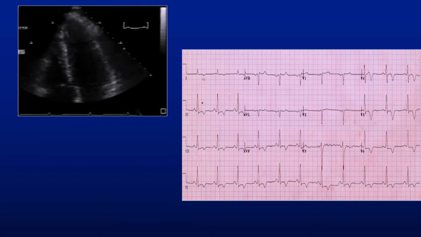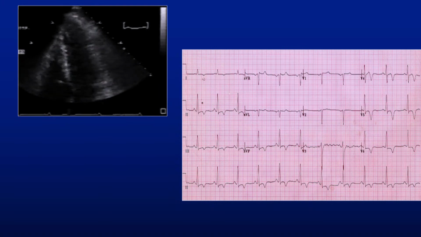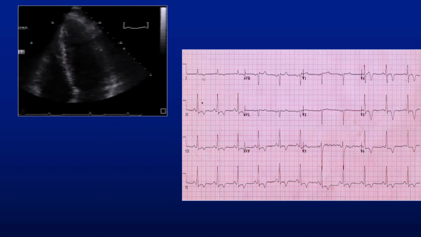So if you're in the echo lab and don't have contrast, I know you do now, but if you don't have contrast, how do you interpret this? I can't see the endocardium well. I have a suspicion of an apical abnormality which could go along with the electrocardiogram, but that's all I can tell.